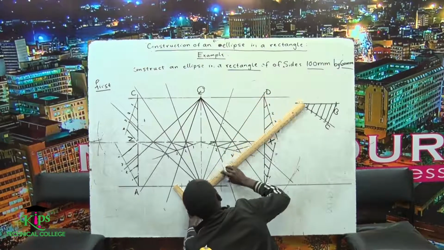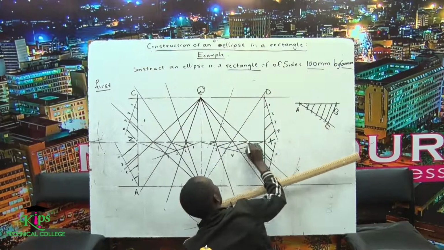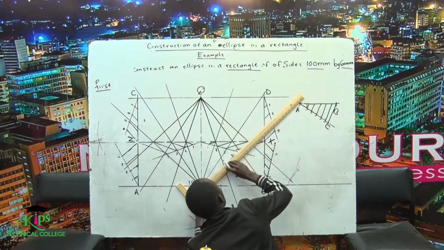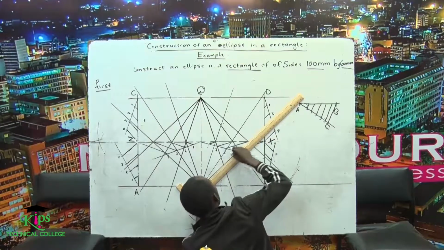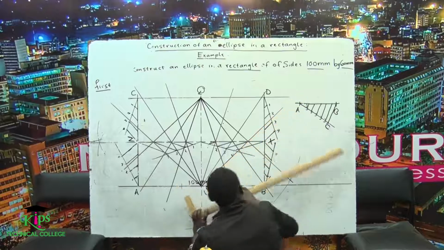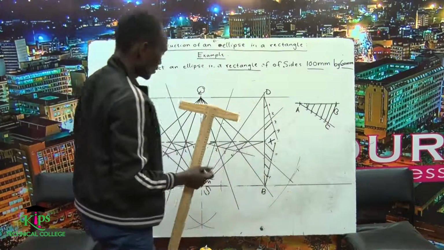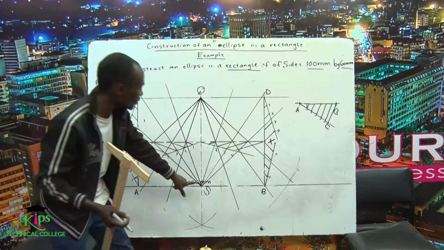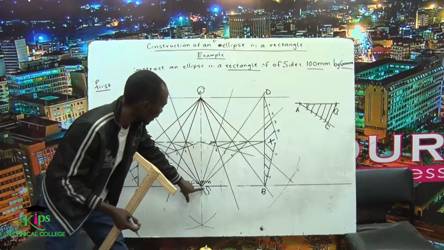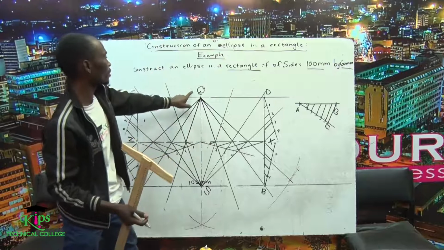Like that. Then from S to this point. Like that. So now you can see I've drawn all those lines. I've started from point S and from point Q.